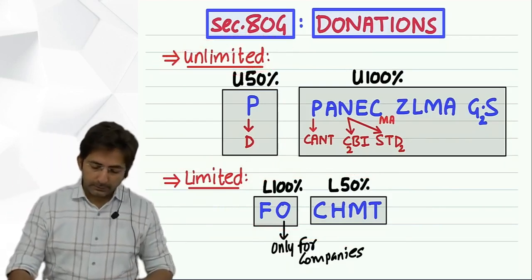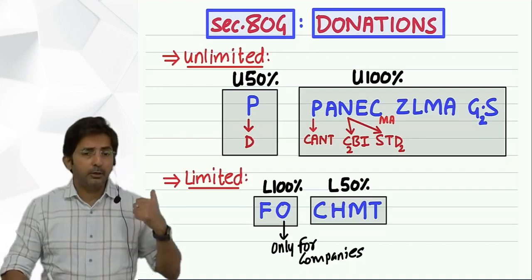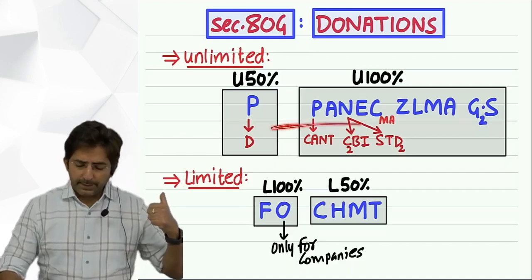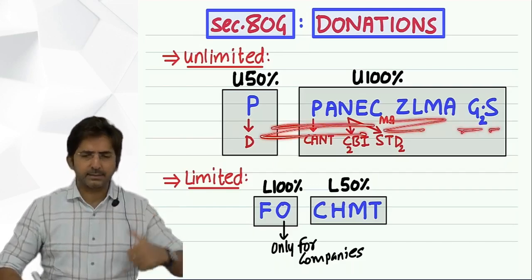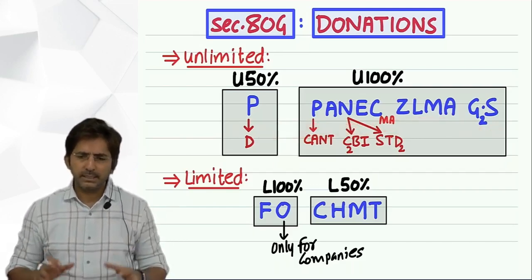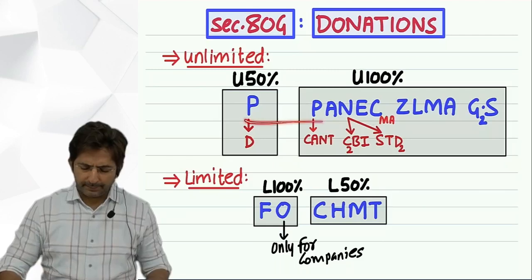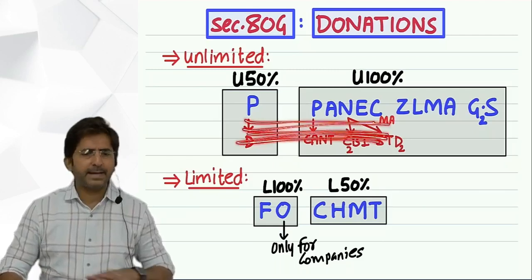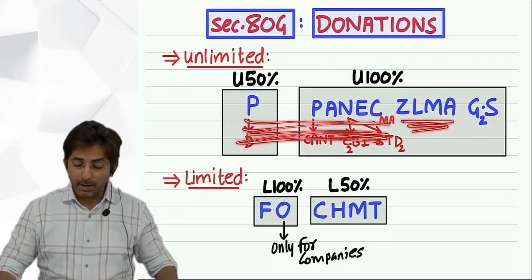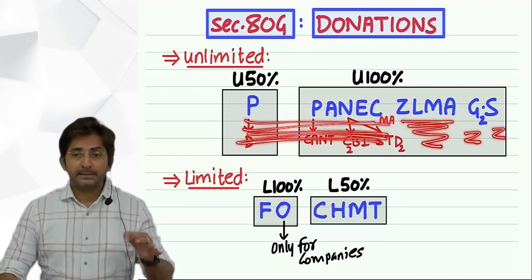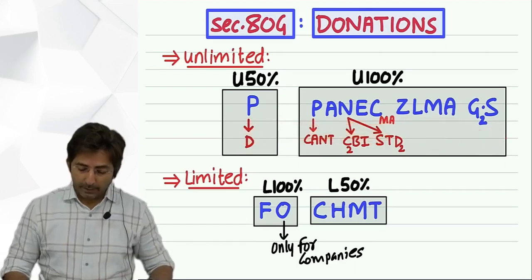Okay. So now see in the list. Firstly, how will you pronounce this? Panek Zalma GS. Pronunciation is like this only. Panek. Zalma. GS. Panek Zalma GS. And this is called FO Chamat.